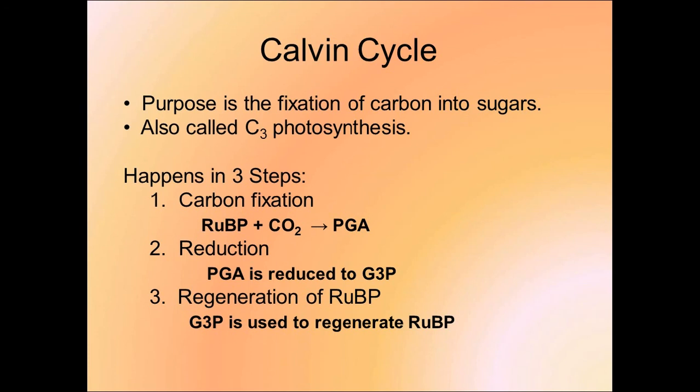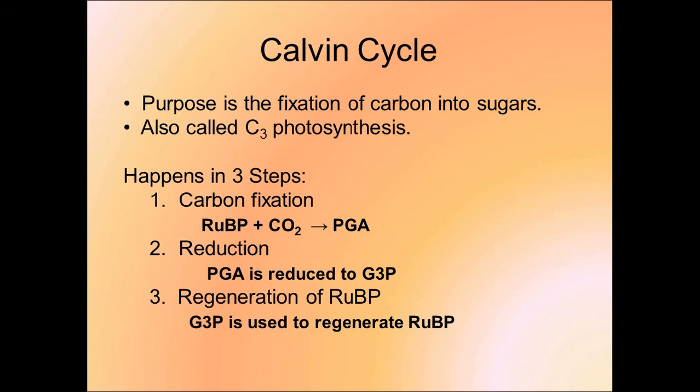The first step is the actual carbon fixation part. We're going to begin with a 5-carbon molecule called RUBP. It's going to combine with carbon dioxide to create a 6-carbon intermediate molecule, which will immediately break down into 2 3-carbon molecules called PGA.